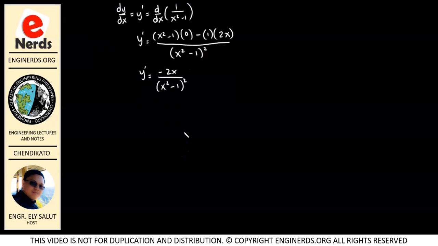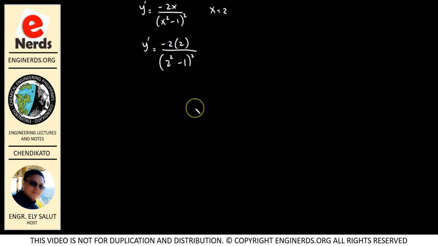Okay, but our x is equal to 2. So we will substitute that. Y prime is equal to negative 2 times 2 over x squared, which is 2 squared, minus 1 squared. Okay, so y prime is equal to negative 4 over 4 minus 1 squared.